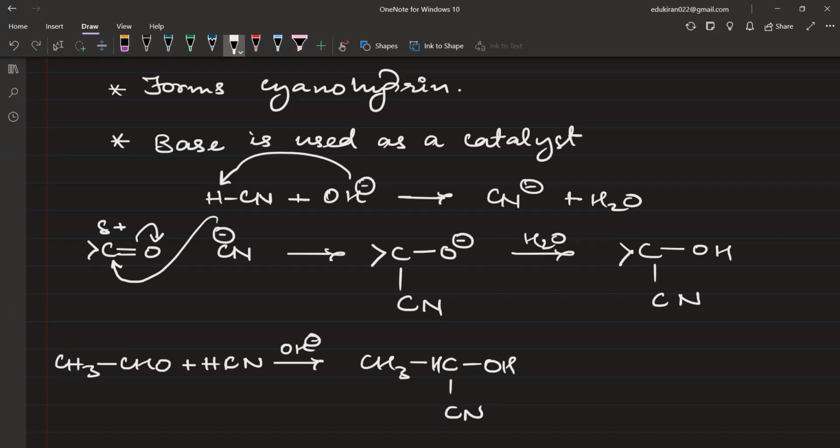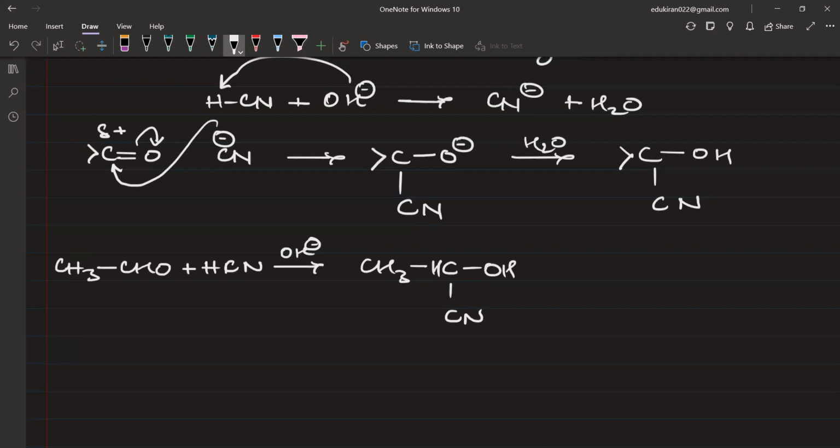This is cyanohydrin. If you have a ketone like this, in the presence of OH negative, this oxygen atom will get OH. One of the carbon atoms here is going to get CN. This is also CH3, so CH3 as it is, and here you get a CN.